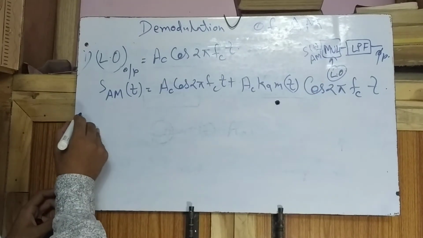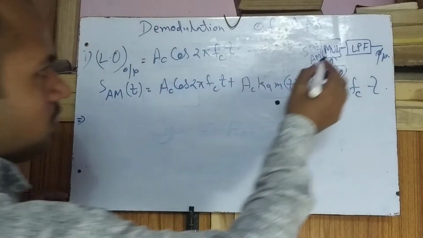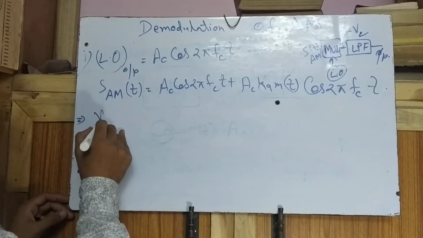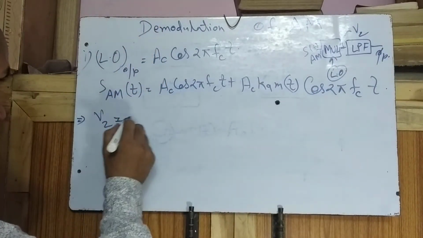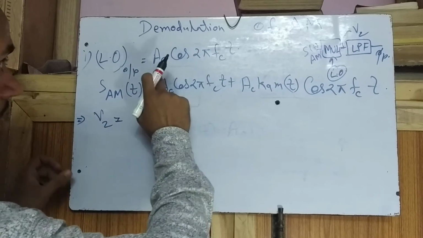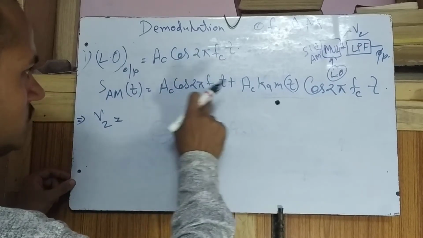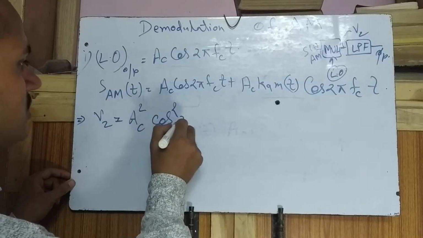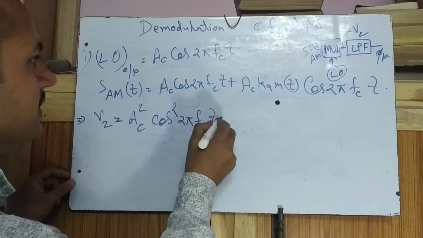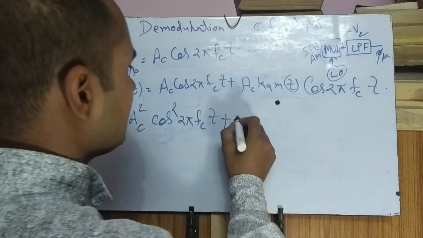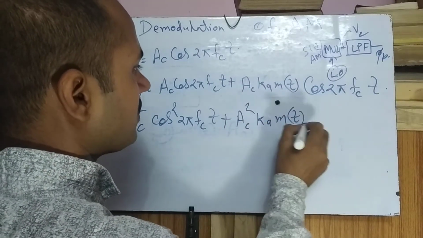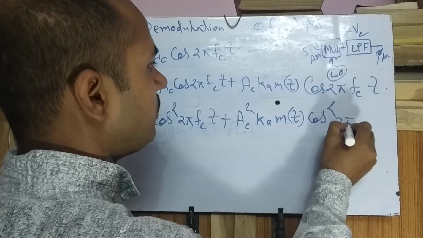Now multiply both. Let it be V2. So V2 will be Ac cos(2πfct) times Ac cos(2πfct), Ac² cos²(2πfct) plus Ac² ka m(t) cos²(2πfct).